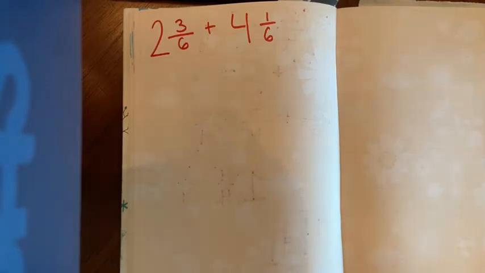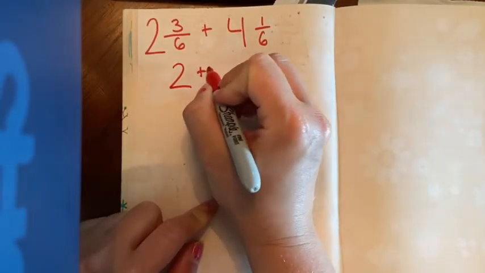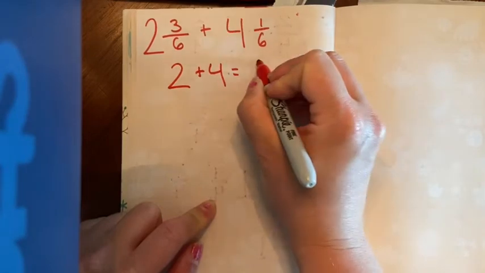Recognize your denominator, recognize the whole numbers that you'll be receiving when you add, so that we can have a better idea of how we can translate this onto a number line. Our first step always is to follow that standard algorithm method at the beginning, which is to add the whole numbers. So our whole numbers are 2 plus 4, giving us 6.